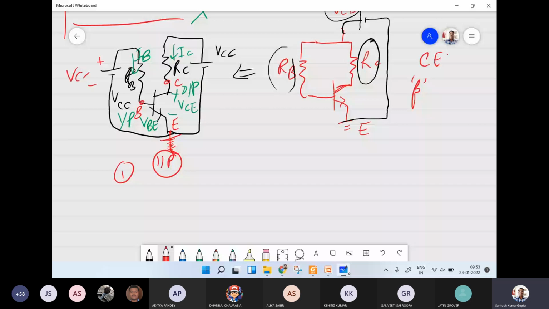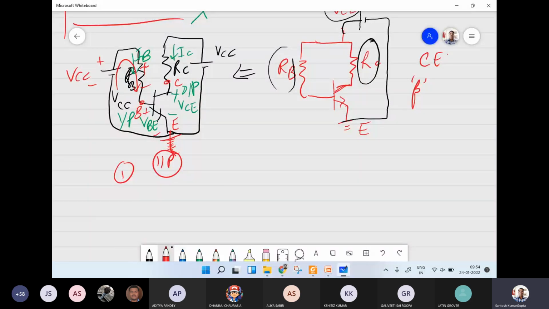So the current is going to flow in this direction here. We will make a voltage drop across RB with this polarity here, and the base emitter voltage will be in this polarity.